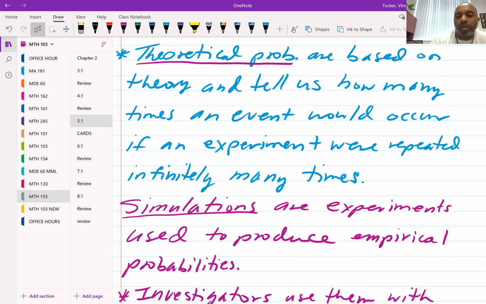Simulations are experiments used to produce empirical probabilities.